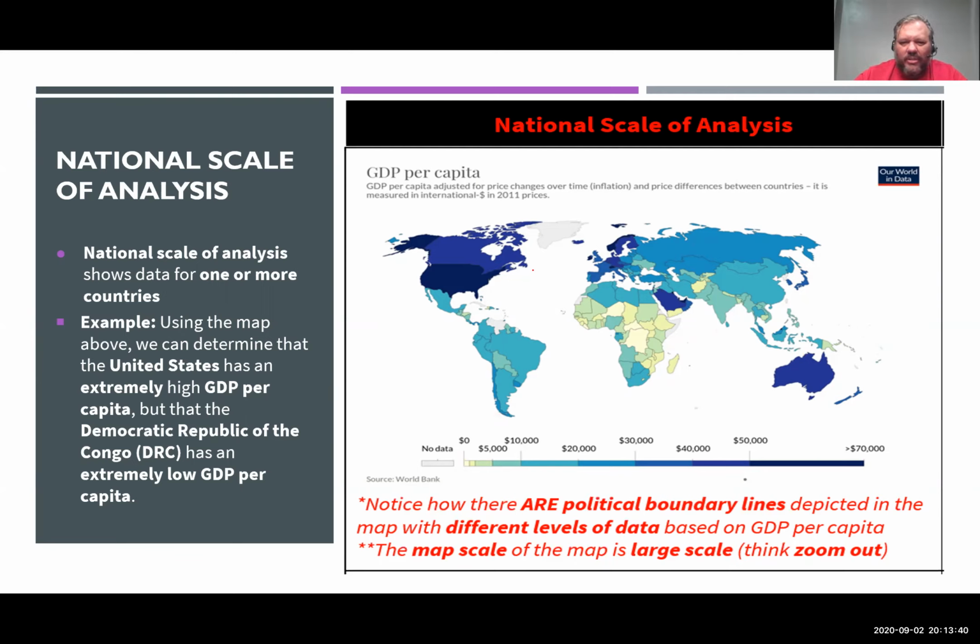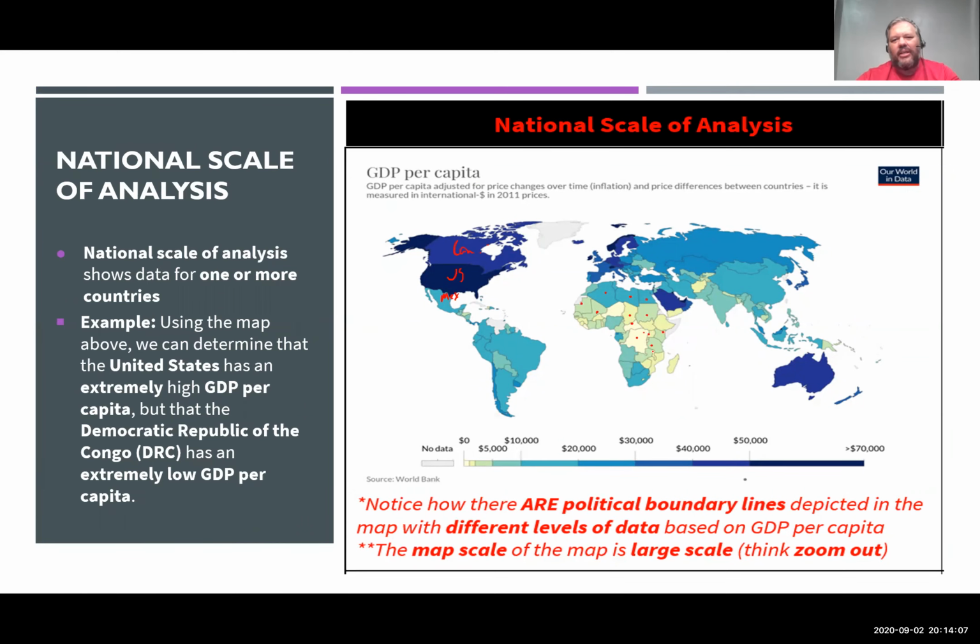If you take a look at this map, we've got the US and Canada and Mexico here, and individual countries: Russia, Mongolia, China. The information they're trying to give to us, this is GDP per capita, they're breaking it down on an individual national level. So each individual country is being represented.